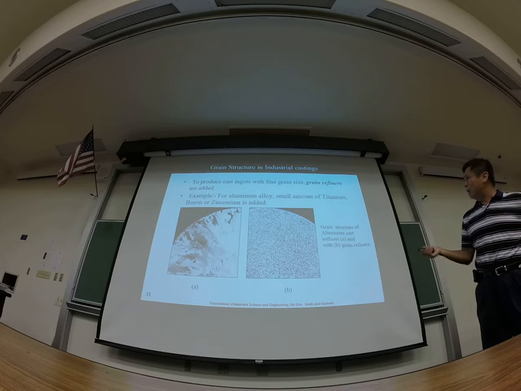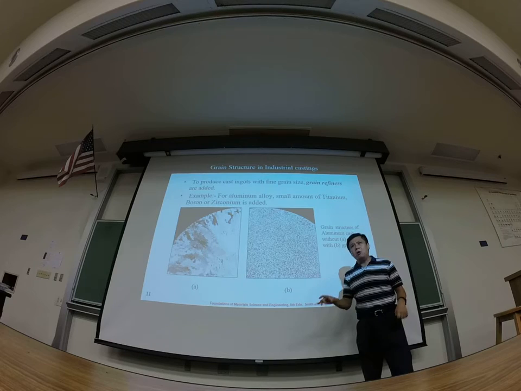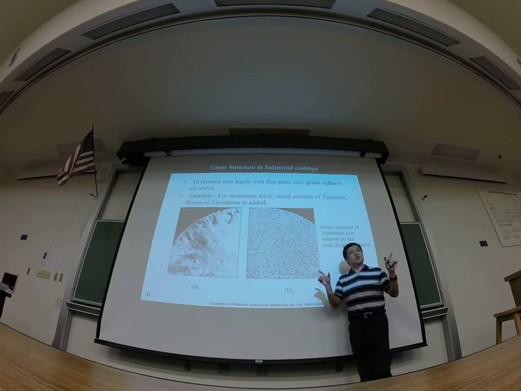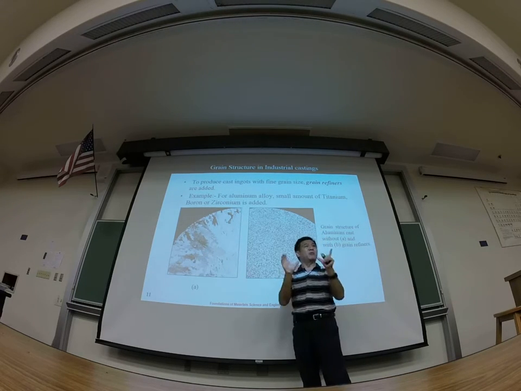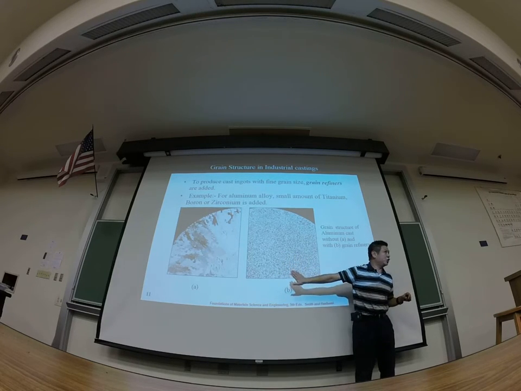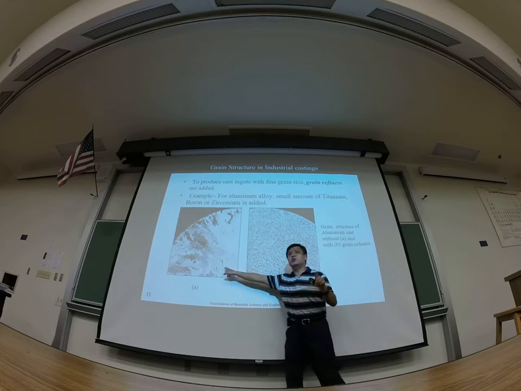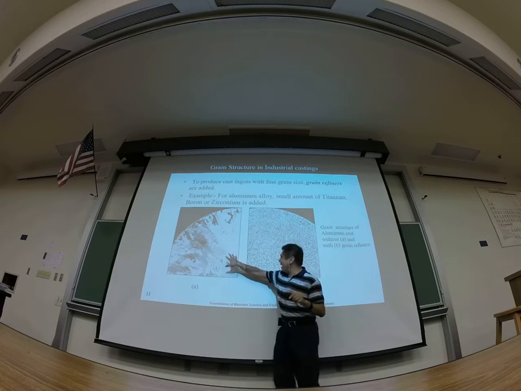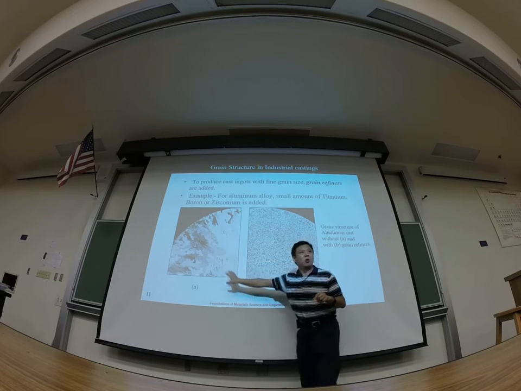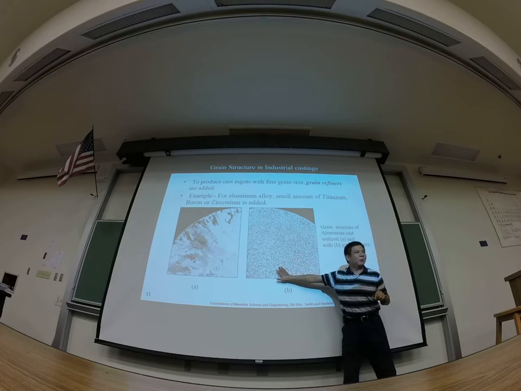And also later on, when we talk about chapter 6, if you are concerned about the mechanical property of the metals, you might prefer the finer domains. The reason is that if you are using the same metal, but one has a large domain and one has a small domain, the one with the small domains usually has better mechanical properties.